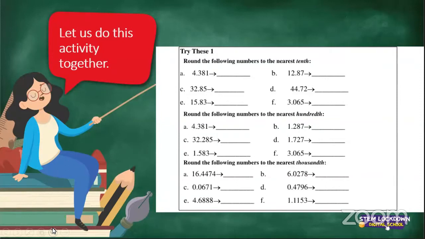We're moving to F. We have 3.065. Bonte and Shakira again. It is 3.1. Thank you. The answer is 3.1 for the last one, which is F.